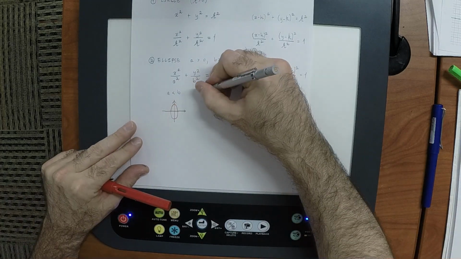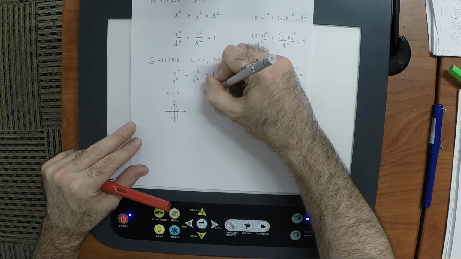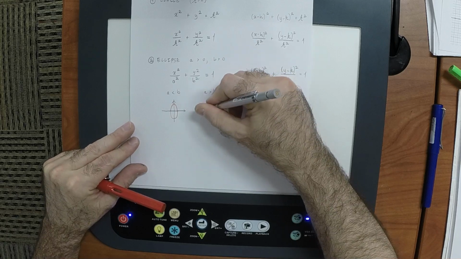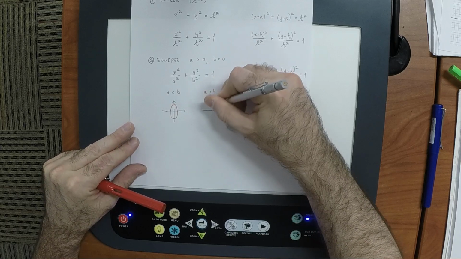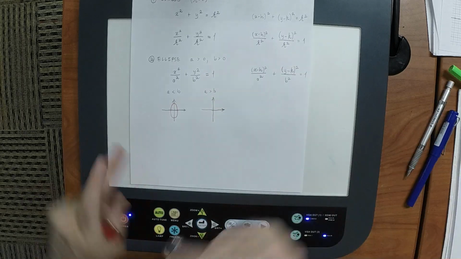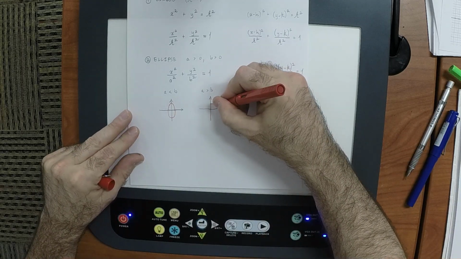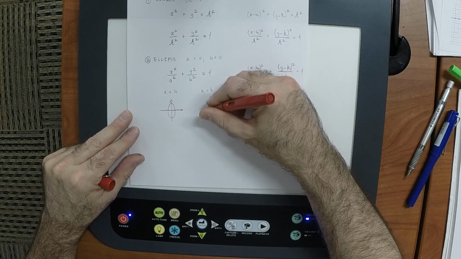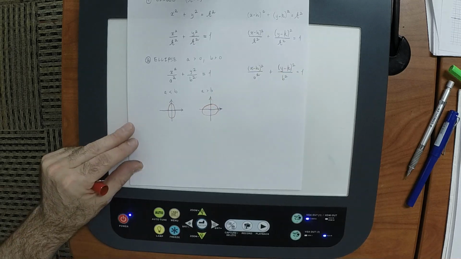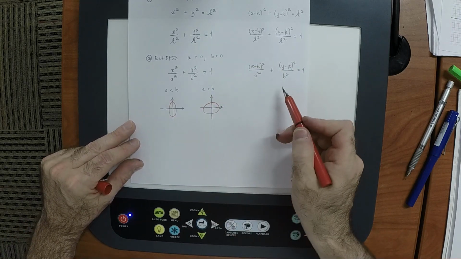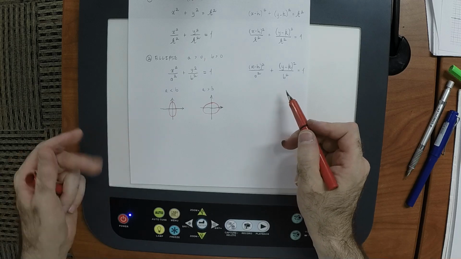And if it's the other way around, a more than b, it would be like this. Okay, and then these are just the same, except now instead of being centered at the origin, they're centered at (h, k).